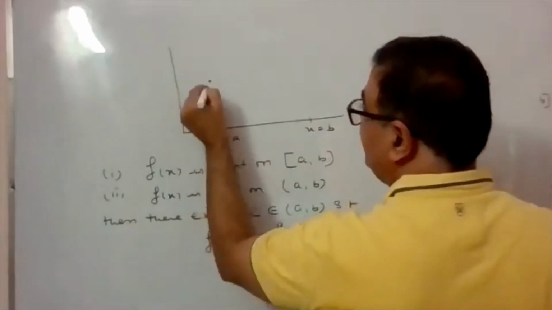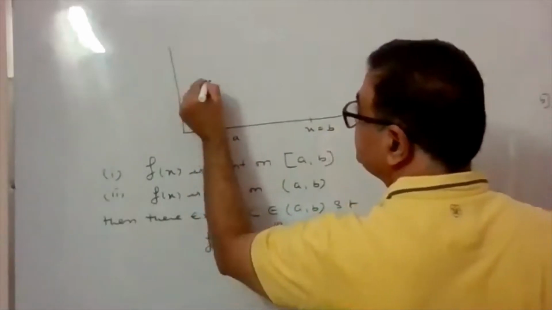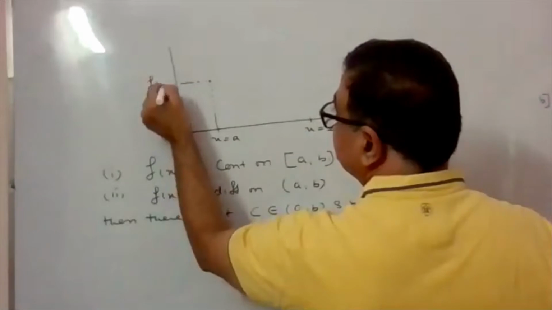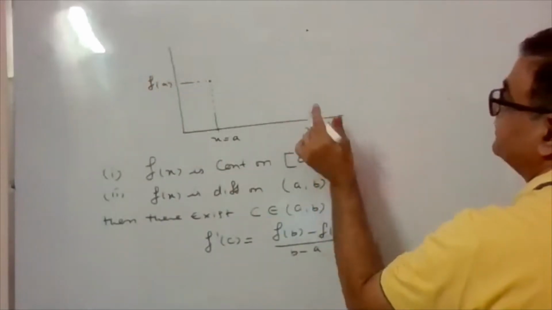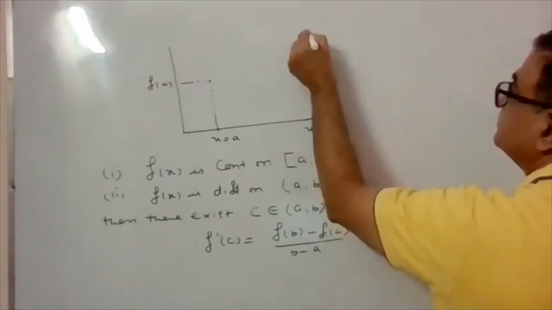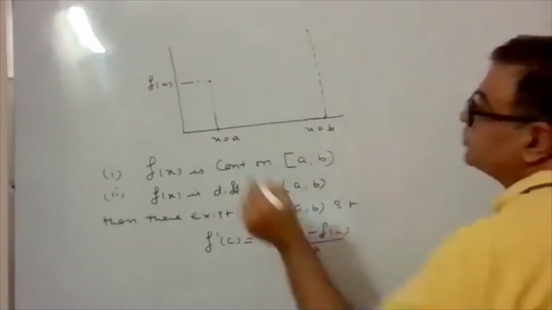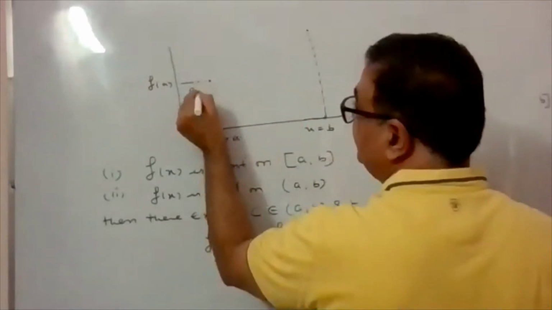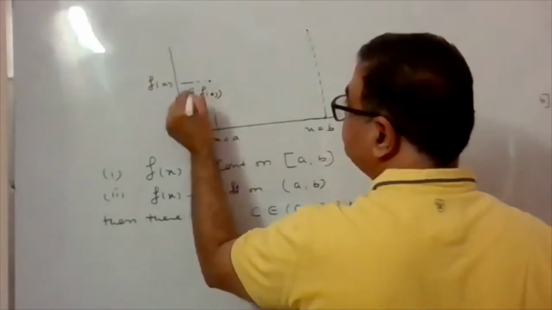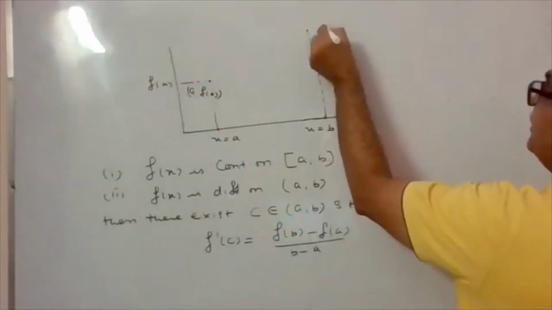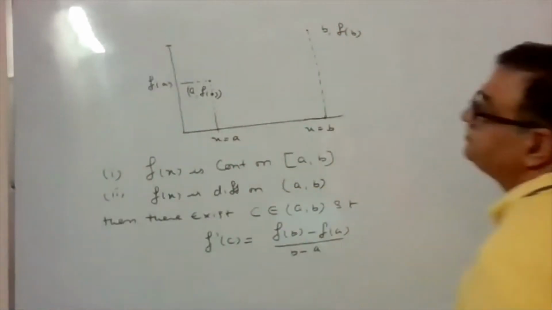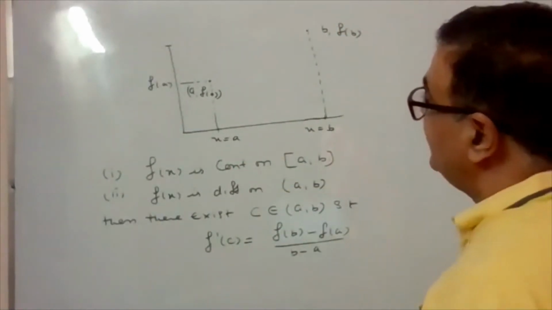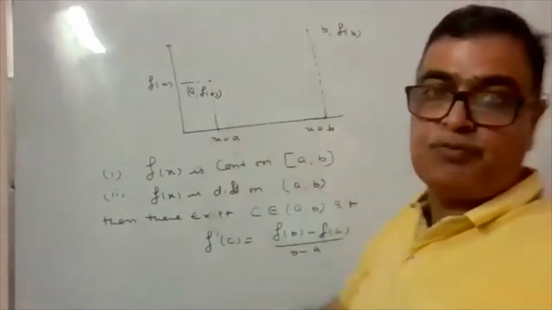Let this be f(a), and another one, let it be f(b) here. So this point will have coordinates (a, f(a)) and this point I am saying (b, f(b)). They are not equal. f(a) is not equal to f(b) in this case.